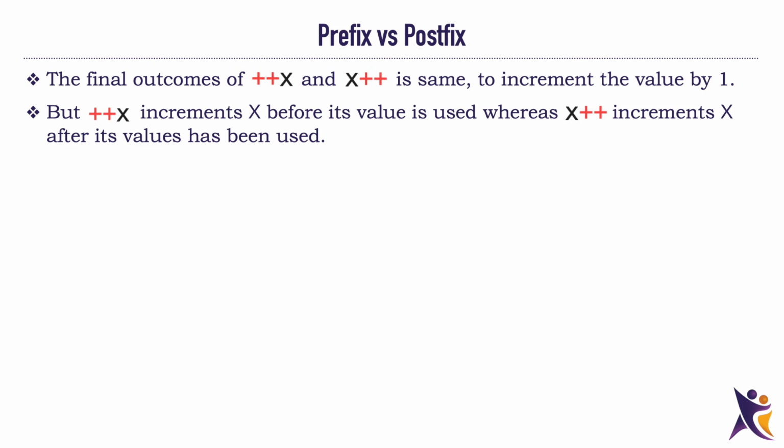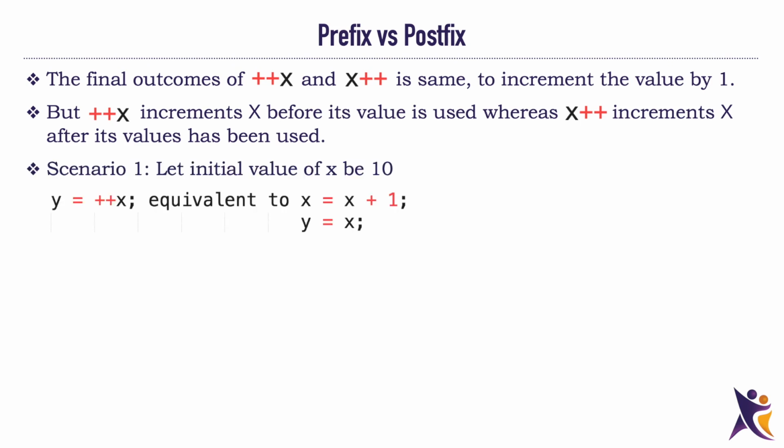To understand this better, let's take two scenarios. Let's say the initial value of x is 10, and we have a statement like y is equal to plus plus x. Here we are using the prefix increment operator. So y is equal to plus plus x can be written as x equal to x plus 1, then y equal to x.